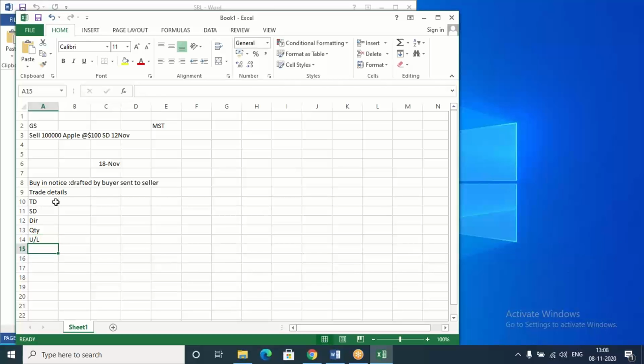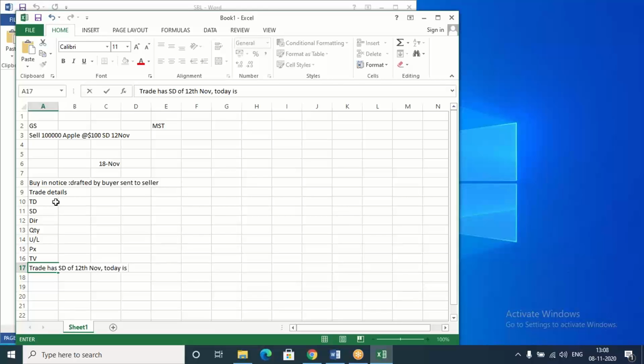Okay, what is the price, what's the total value of the trade, etc. Okay, and it will also say the trade is failing, with a settlement date of 12th November.